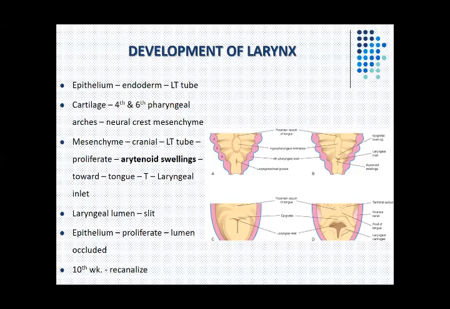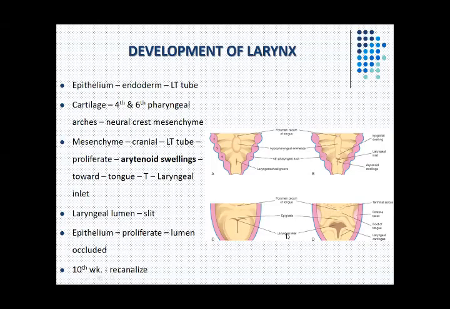If you remember, when we did the development of the GIT, the tubular part of the GIT was all formed by the proliferation of the epithelium, and later it underwent recanalization and the lumen was restored. Same is the case over here.